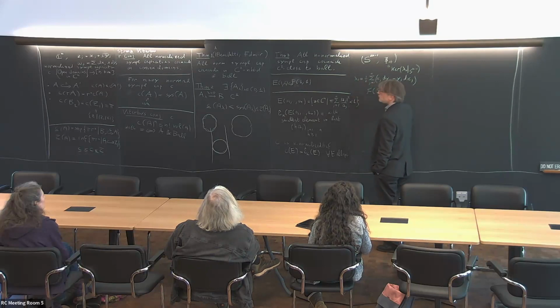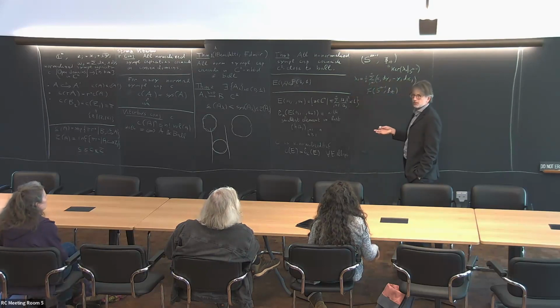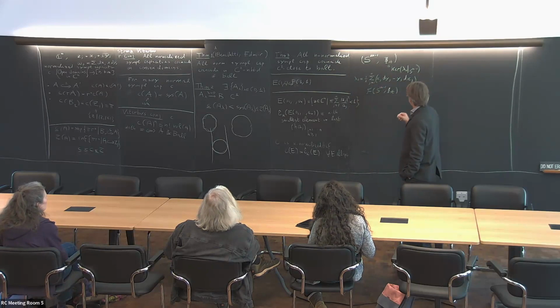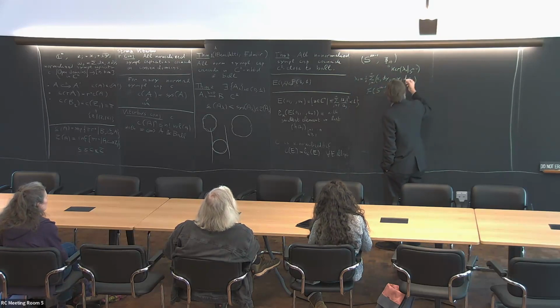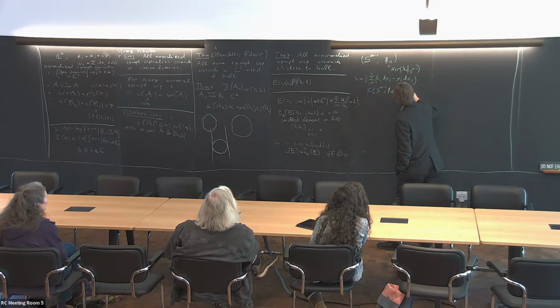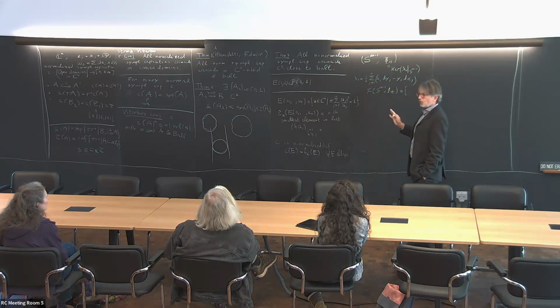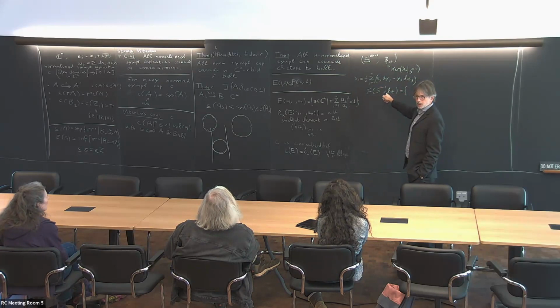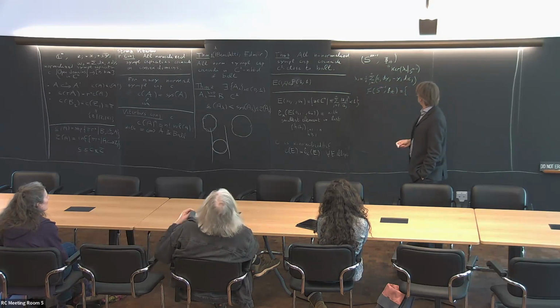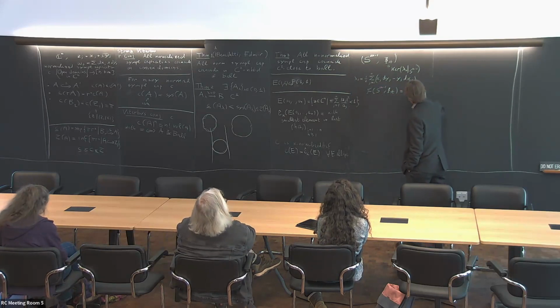And then I call F, in this case, the space of all contact forms supporting this contact structure, which means they're nothing else but a function times this.